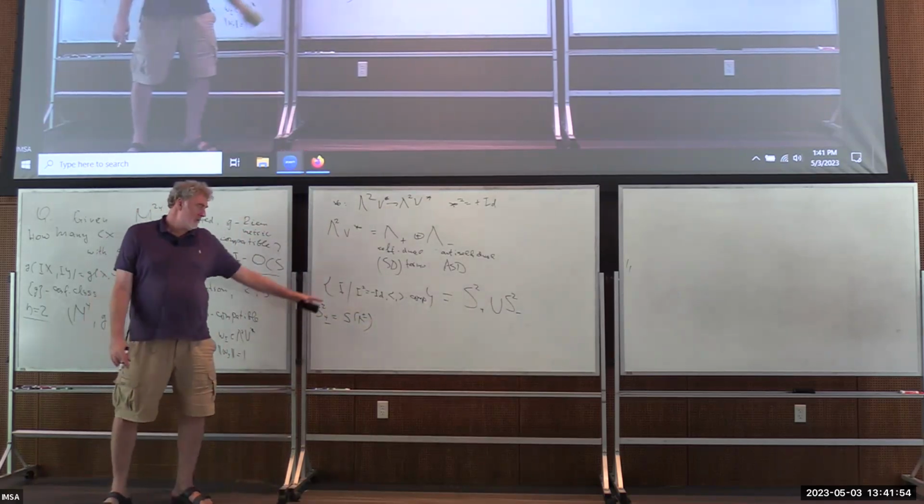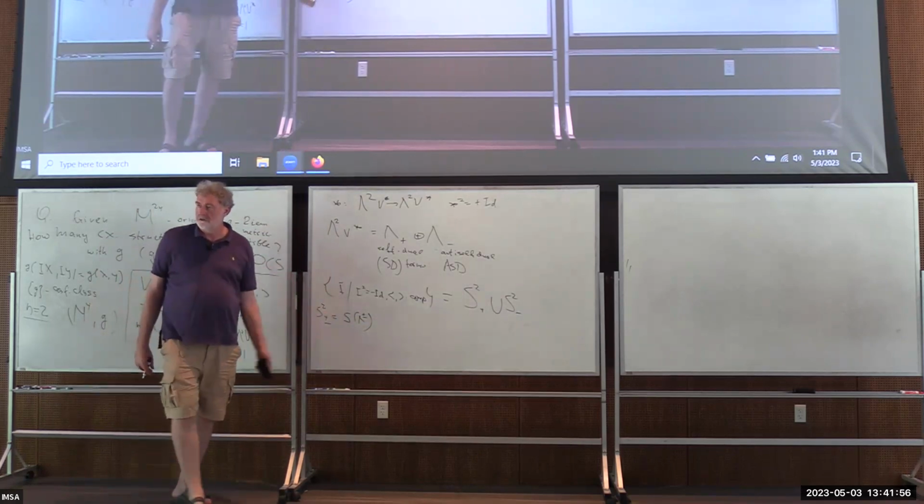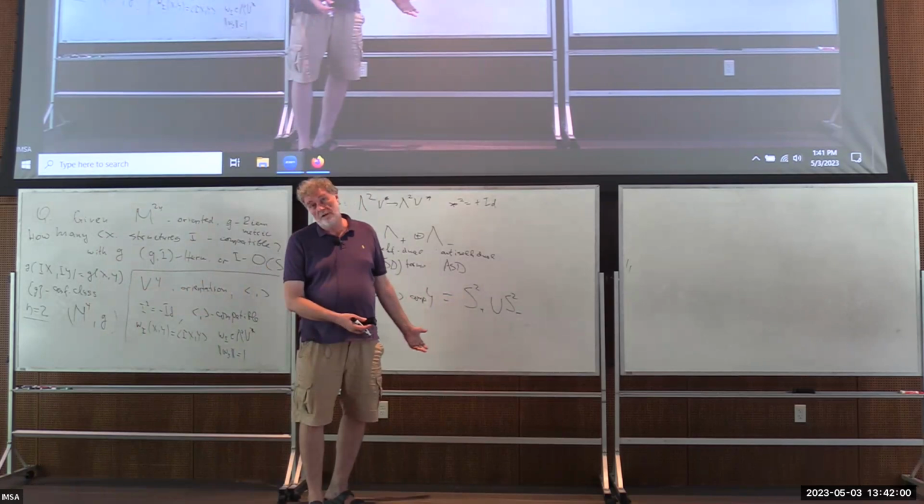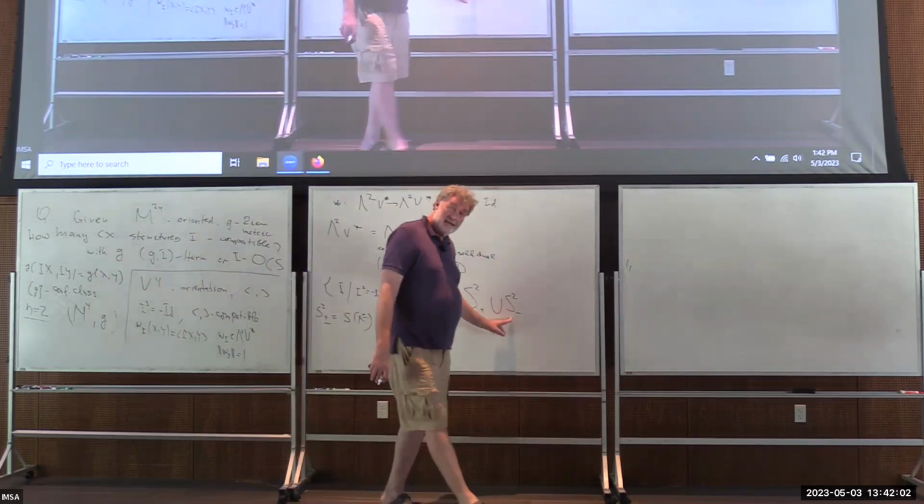In particular, the positively oriented structures can be identified with the two-sphere, or CP1, and the same thing for the other.